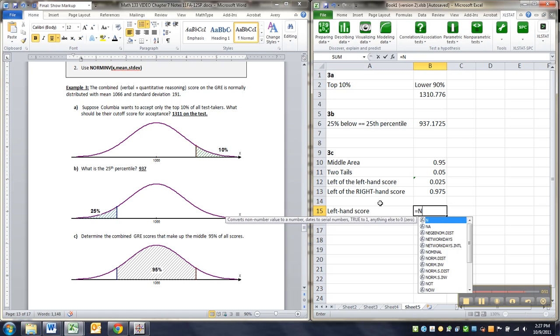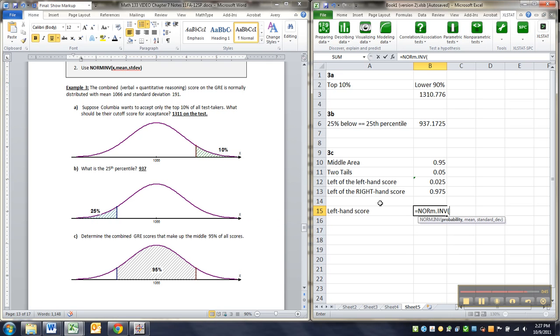So what's the left-hand score? You get that with norm inverse. And then you say 0.025, comma 1066, comma 191. So the lower score is 691.6, so 692.